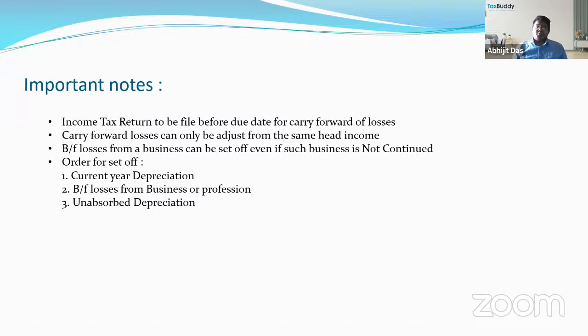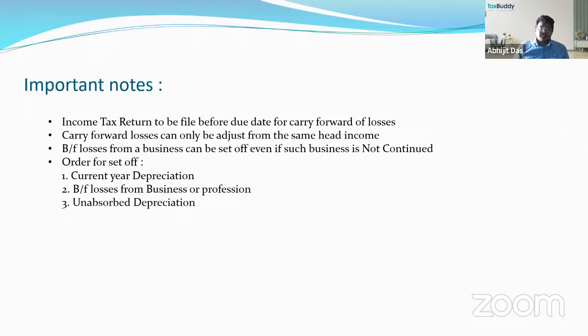There are some points which should be kept in mind before availing the carry forward of loss. Income tax return should be filed before the due date. Carry forward loss can only be adjusted against the same head of income. So inter-source adjustment is not available in case of carry forward losses.